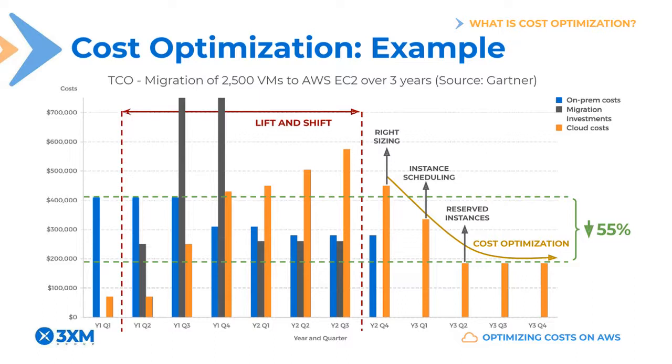However, cloud costs begin to drop as soon as the organization gradually learns how to apply cost optimization best practices, like right-sizing, scheduling, and instance reservations. Thanks to all of this, they eventually managed to reduce their TCO by 55%. The whole process took 3 years.